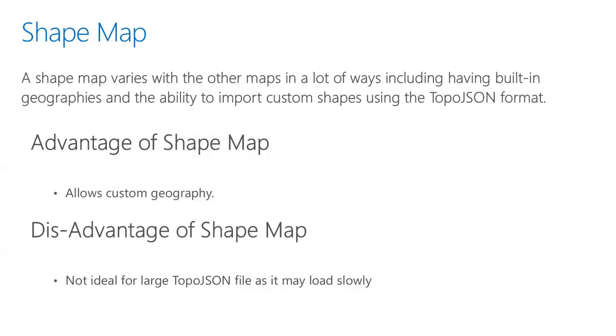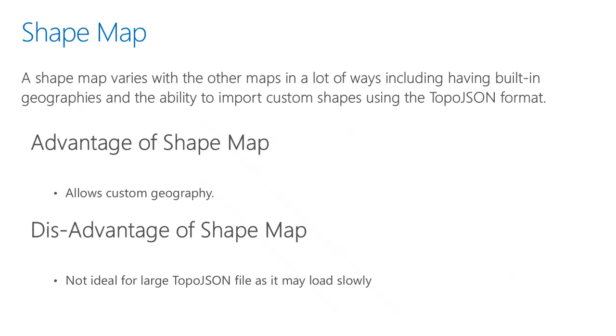Okay, the next one is the shape map. As opposed to the other two, this one is not quite easy, but it's not hard. The best thing about the shape map is that it allows you to have a custom geography.